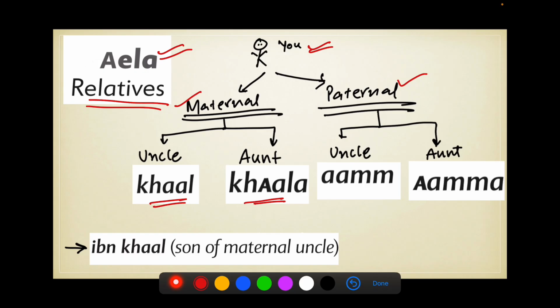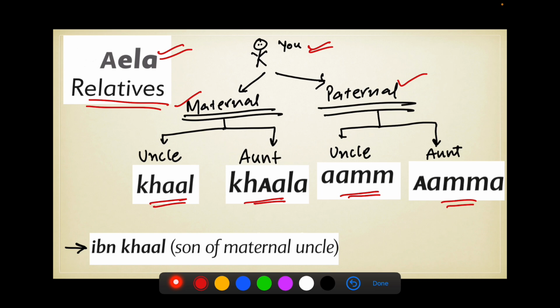Now, your paternal uncle is called Um, and your paternal aunt is called Amma. So, repeating this again, your maternal uncle is called Khal, and your maternal aunt is Khala.